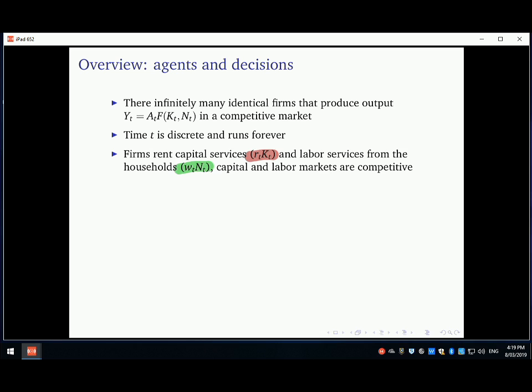There will be workers, and the firms will pay money to these workers. The reason I care about the details of the firm problem is that the more microfounded part of this model is firms maximizing profits, which is going to pin down prices in competitive equilibrium, and that will allow us to understand what happens to the economy, to prices, to wages, to the rental rate of capital when there are some shocks to the economy.